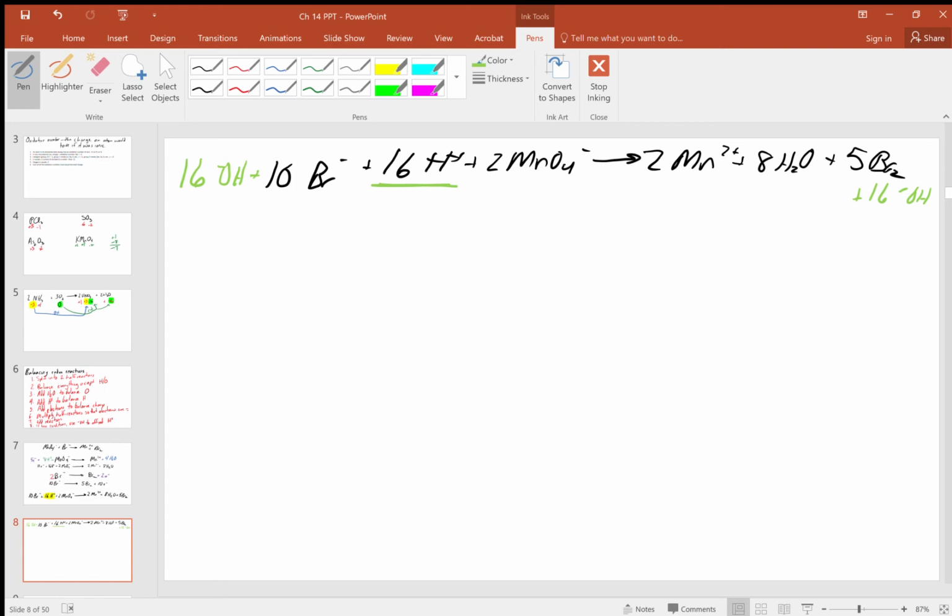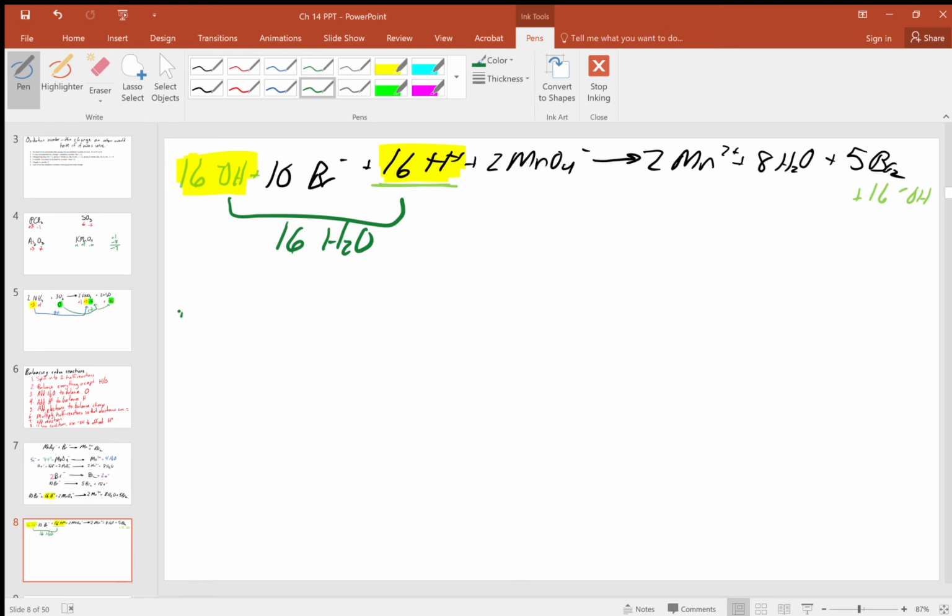So I can add 16 hydroxide to each side, and I don't change the actual experiment. Now what happens is on the left side, we have 16 H plus and 16 hydroxide. And so those will combine to form 16 water.